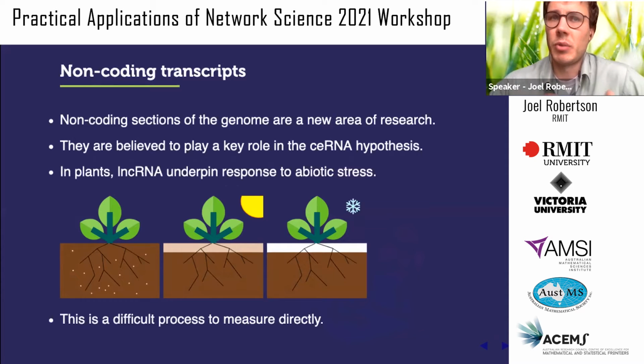What we typically call a gene is just a section of DNA that codes for a protein. There's actually large parts of DNA that don't do this. Most of the DNA, particularly in humans, doesn't do this, and for a long time that was thought to mean that it was irrelevant or junk and not to be studied. But now we have this increased ability to observe the transcriptome.